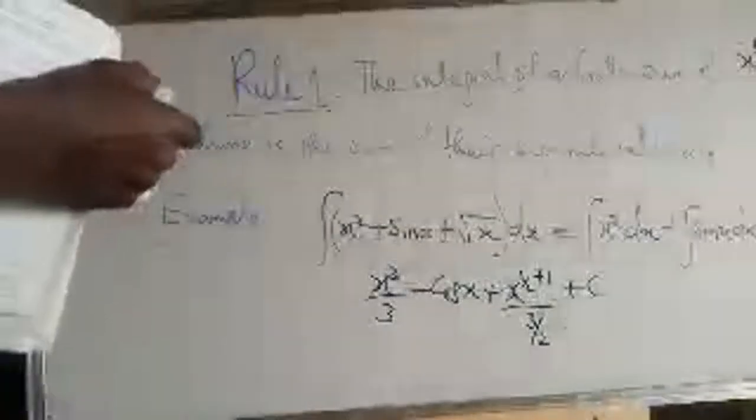Then plus, root x is x raised to power half. You add 1 to that half, so you have x raised to power half plus 1 over half plus 1, which is 3 over 2. I hope we got that. Beautiful. So plus c. Now let's quickly finish that by giving the results.